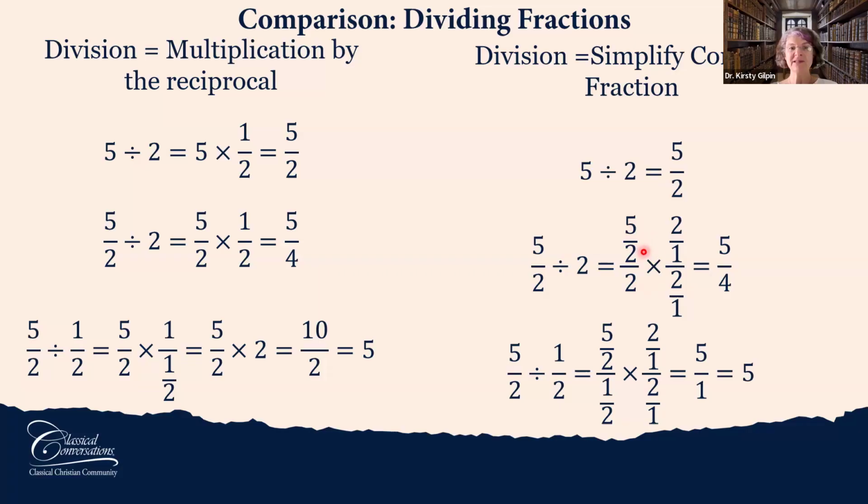So 5/2 times 2 and 2 times 2. And that's where I end up with, in this case, these 2's are going to simplify to 1. So that's my identity law, leaving me with 5. Here I have 2 times 2, which is 4. So I get the same answer as with my multiplication by the reciprocal, but I'm now using complex fractions.